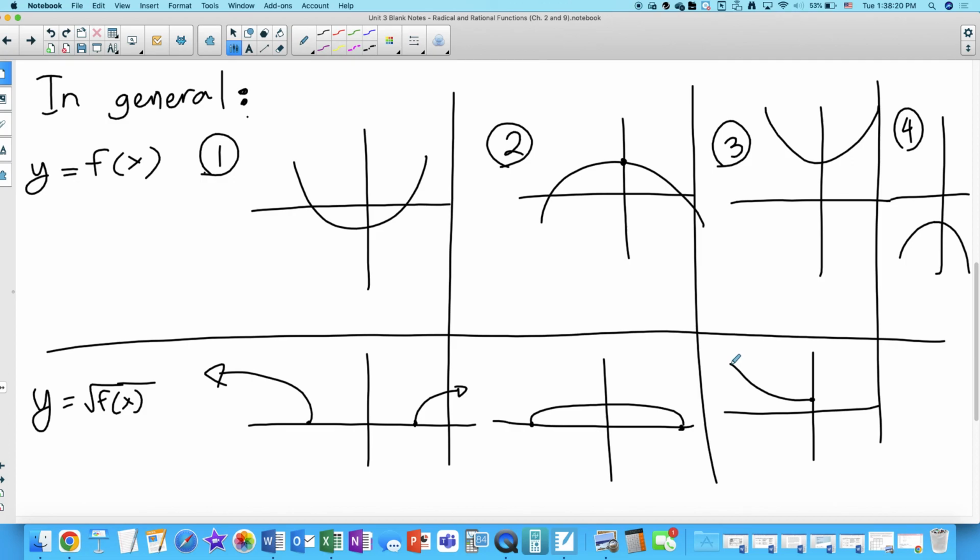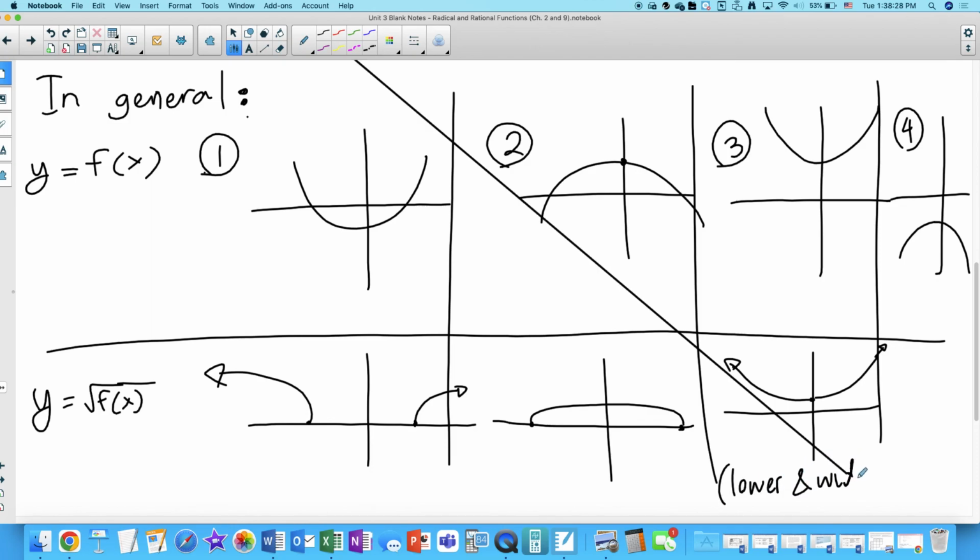And again, I didn't put actual values in here, but I would make a note: lower and wider. And then here, undefined, yeah.